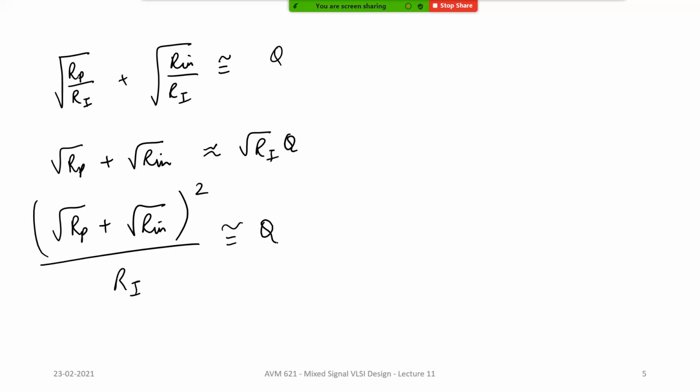Now this is definitely a very approximate expression, and for lower values of Q it is not very good, but for slightly higher values of Q it is definitely worth doing. But this is anyway a good starting point.